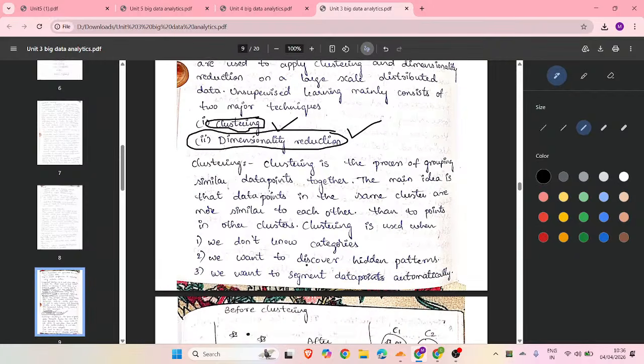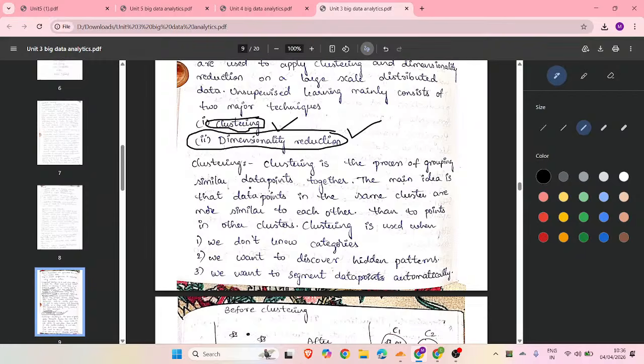Coming to clustering, clustering is the process of grouping similar data points. For example, in a messy class, we have two genders, girls and boys. They are sitting on the same benches, sitting politely. But my task is to divide them such that one row will be girls and one row will be boys.